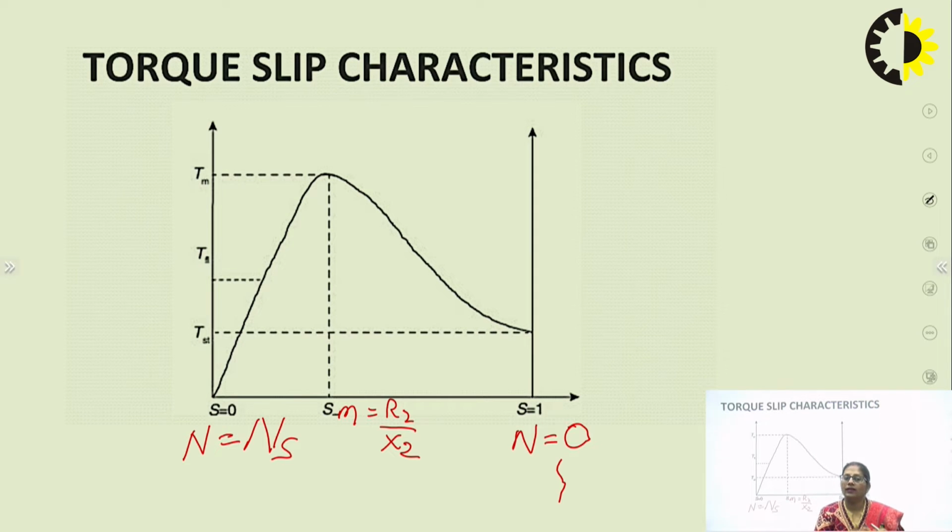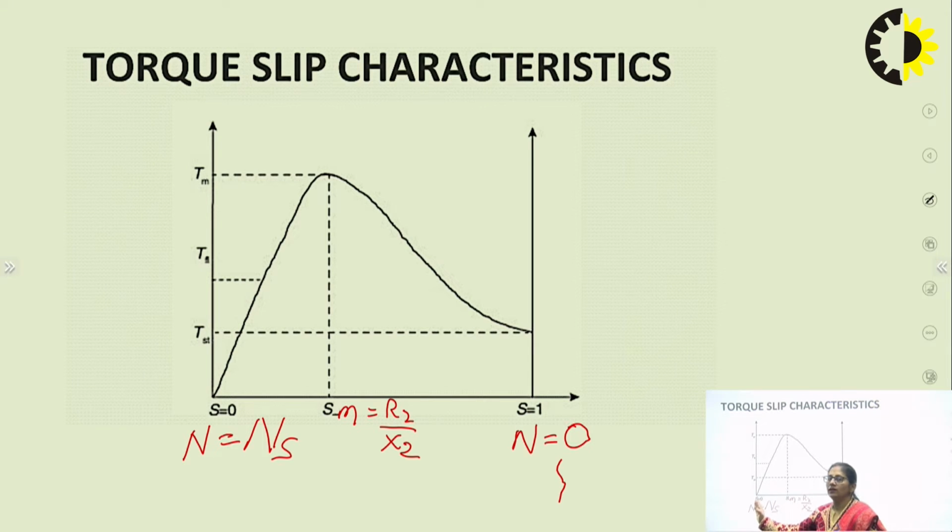If there is no flux cut, there will not be any EMF induced. No EMF induced, there will not be any current. If there is no current, there will not be any torque produced by the rotor conductors. So the motor will come to rest, right? But this doesn't happen, right? This is a practically impracticable condition for a three-phase induction motor.